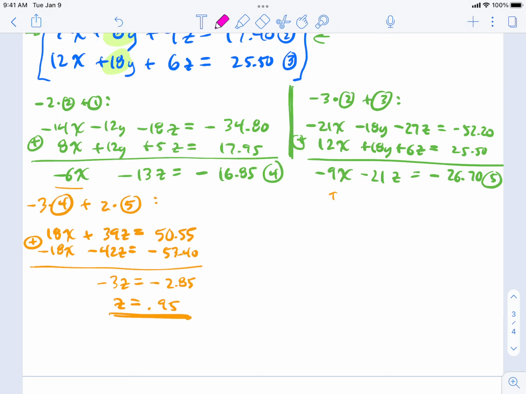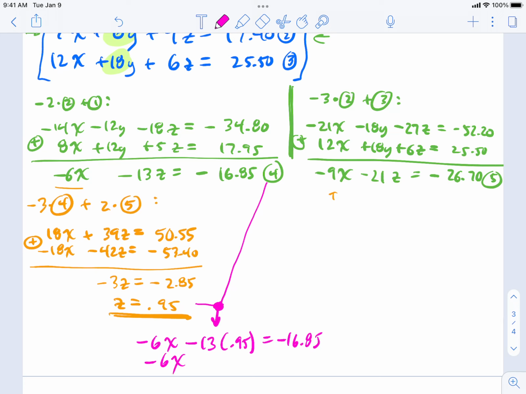Now I can take that answer, really, and take a new color. Let's plug that into any one of these equations. Let's plug this into equation 4. That's going to give me a negative 6x minus 13 times 0.95 is equal to negative 1685.